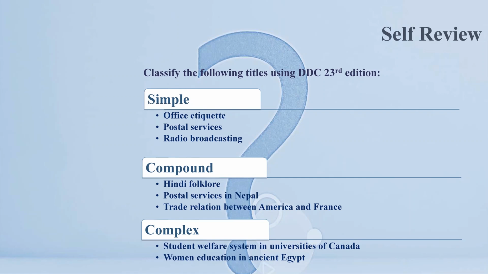So in this particular section, we cannot accommodate all types of titles or all types of problems that are dealt with in the DDC 300 class. So I would like to request you to please go to any library where social science class books are available and try to classify them on your own. That will not only help you to test your skills but also help you to gain knowledge.